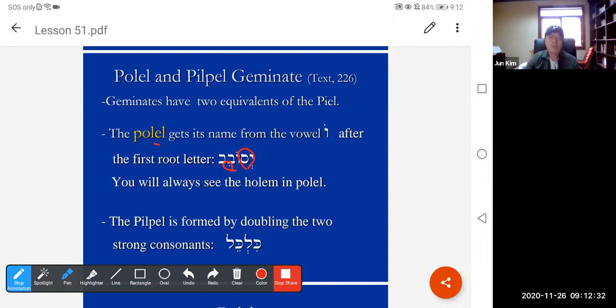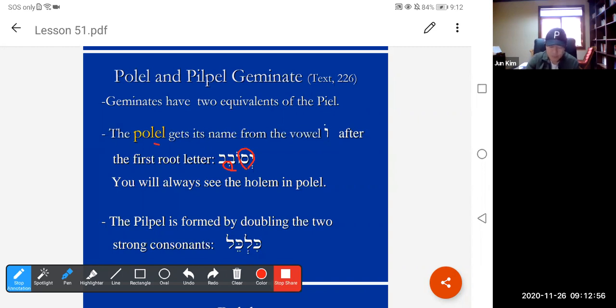But one more time, do we always need to carry the specific meaning of piel? Sometimes some vocabulary will not take the intensified meaning, but rather the simple meaning of qal. So it depends on what vocabulary we have, but most of the time it will work. So you will always see the polel name.